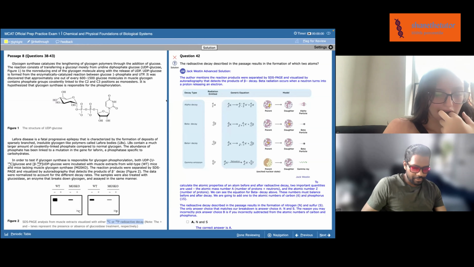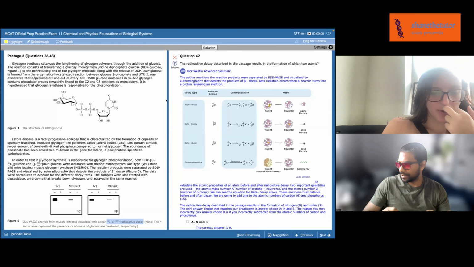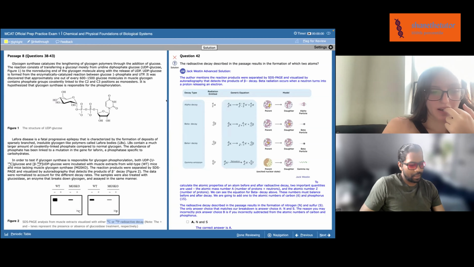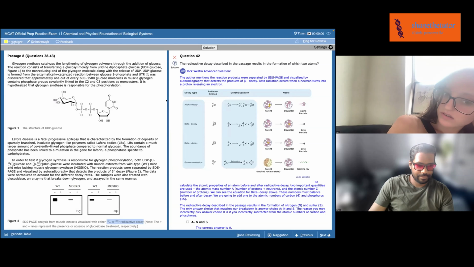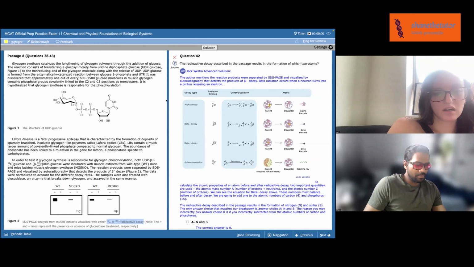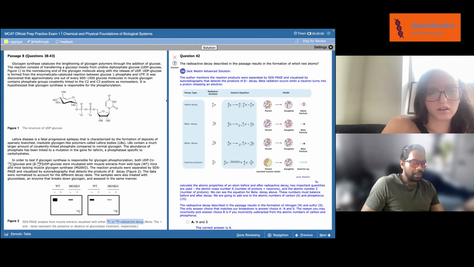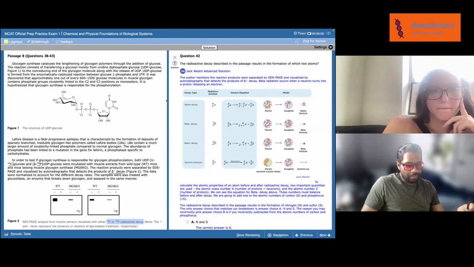So what type of radioactive process is happening? In this problem, it's beta decay. Right. So think about how you would write out the beta decay.